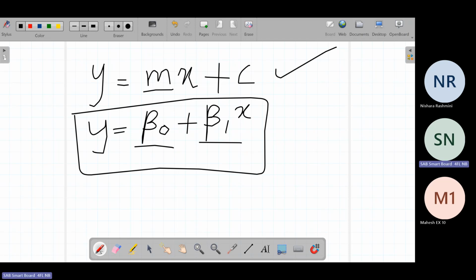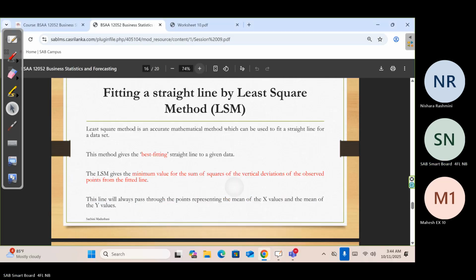Okay, then we have two formulas to find the beta naught and the beta 1. Okay, then these are the formulas.